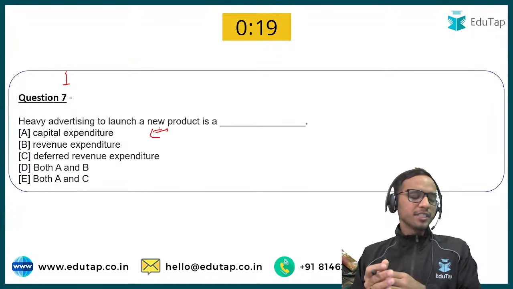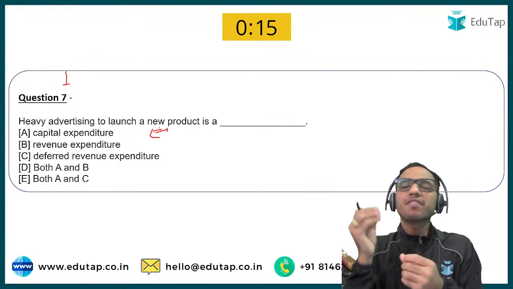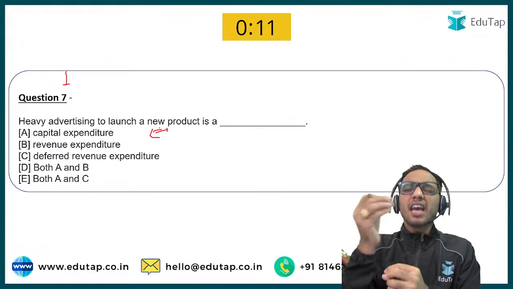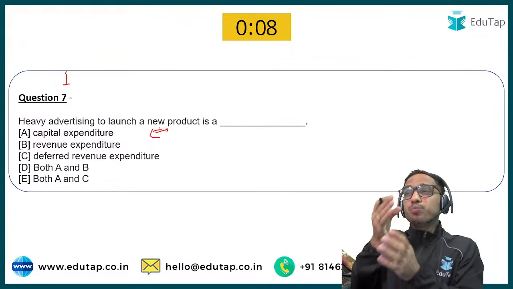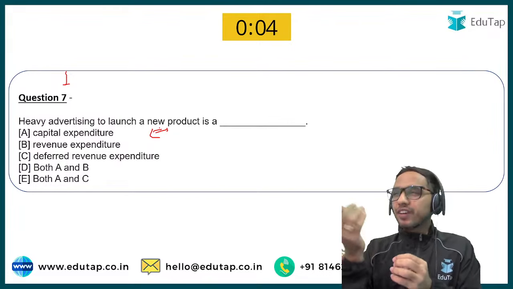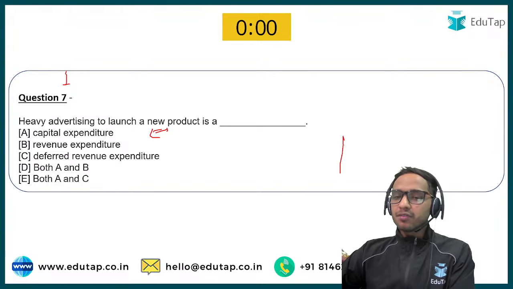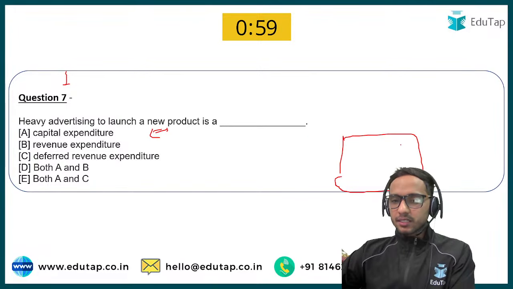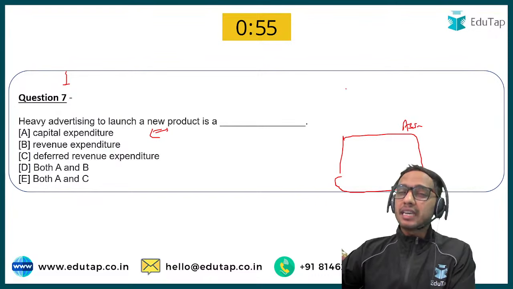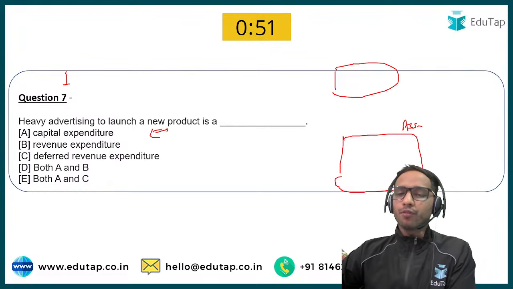I have received the answers from all of you, but I need to explain each and every point now. So deferred revenue expenditure, I have told you, like heavy advertising, is going to benefit you for a longer duration of time, but again it is not going to fetch you any real asset. So how do we show this deferred revenue expenditure? We are going to show this on the asset side definitely, but each year we are going to recognize some part of it in the profit and loss statement.